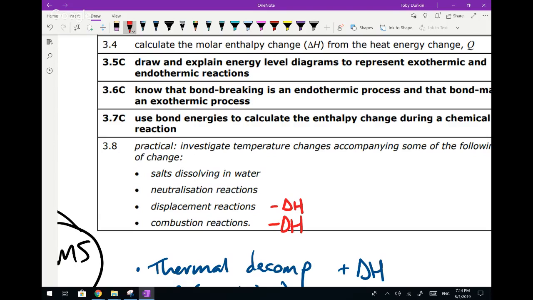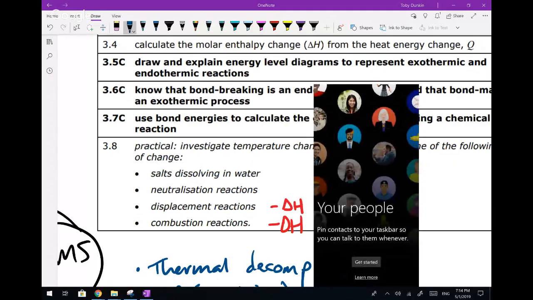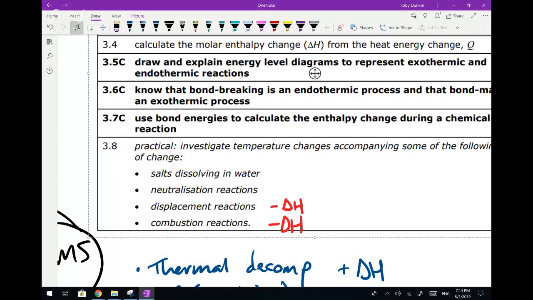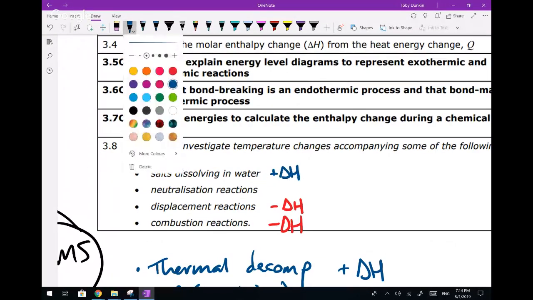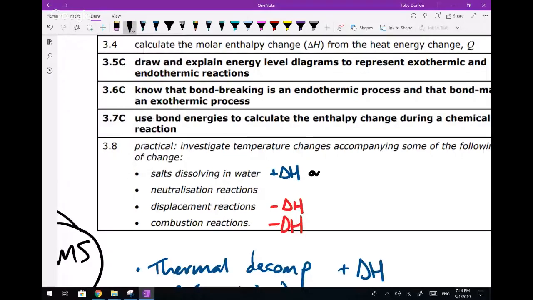And the next two are now awkward. So dissolving salt, putting salt into water. The first thing I want to mention here, folks, is that it can be endo or exo. It can be either. That's a problem. So you've got to watch out for the question. They will tell you if the temperature rises or falls.